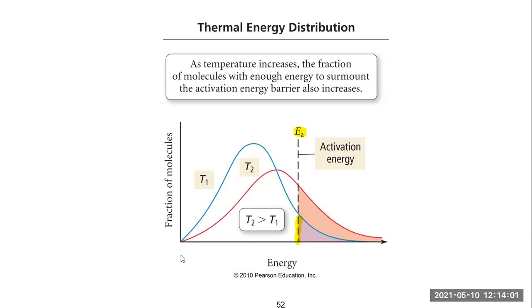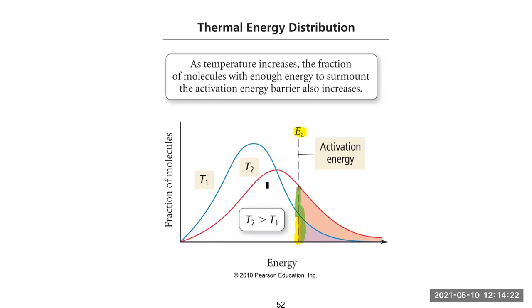But now if we increase the temperature, what we actually see is the amount of energy needed to make that activation energy, I'll just go next to it here and then curve over, is this amount of molecules now have the amount of energy required to get over there.